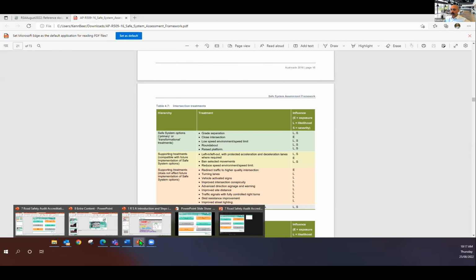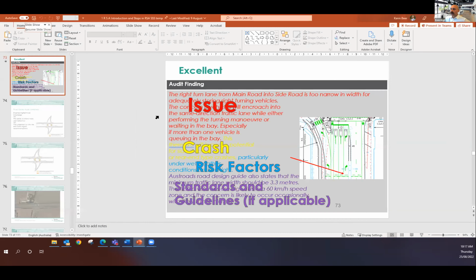Actually, while I'm here, I'm going to show you one other thing. So this is from module 1, okay? When you are writing a road safety audit finding, please just follow this, at least for now, as you're starting out road safety auditing. Maybe down the track you can start to be a bit more creative and play around with it.